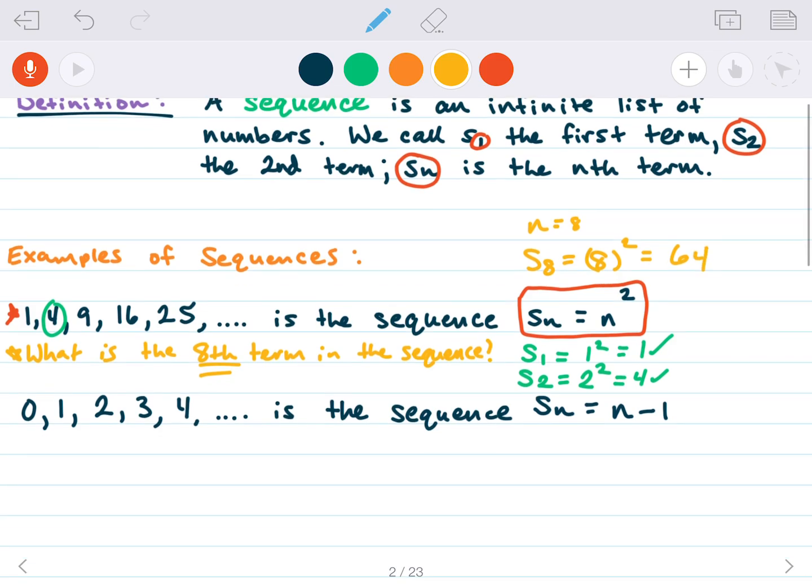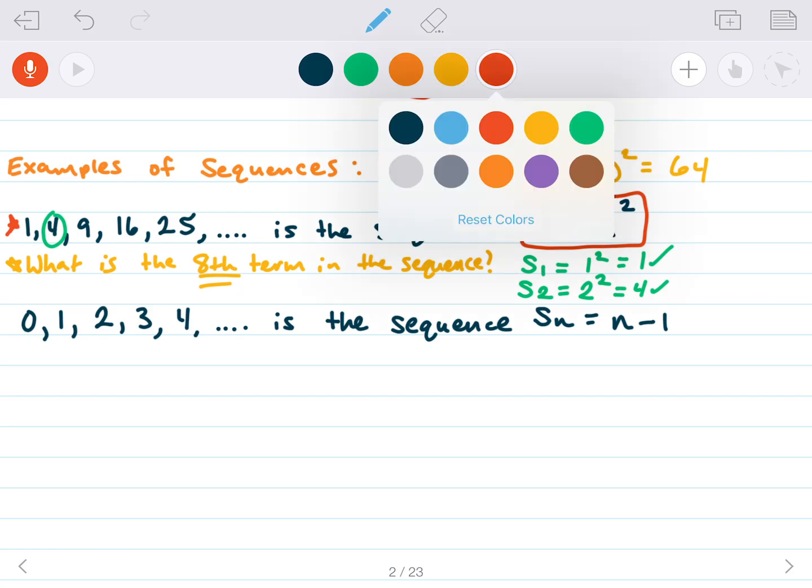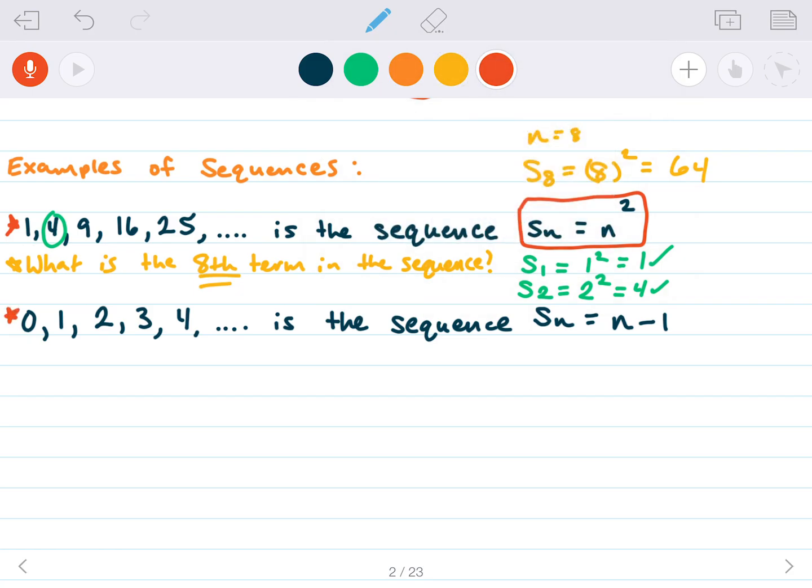Now let's look at another one. In this example, we have 0, 1, 2, 3, 4. And this sequence is represented by the rule S sub n equals n minus 1. So we can verify this. Remember, this is the first term, second term, third term, fourth term, fifth term, etc. If we use the rule, S sub 1, we're just plugging in 1 anywhere we see an n.